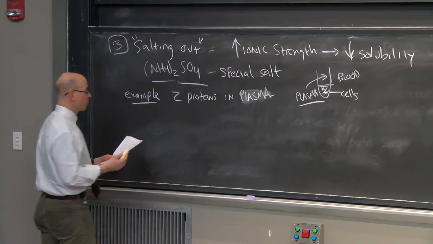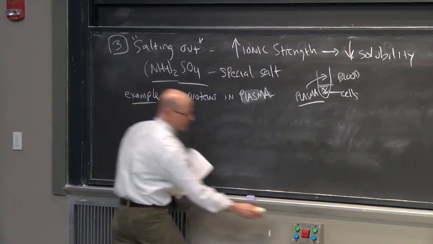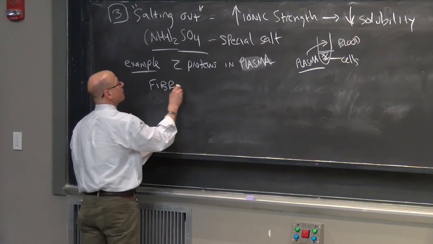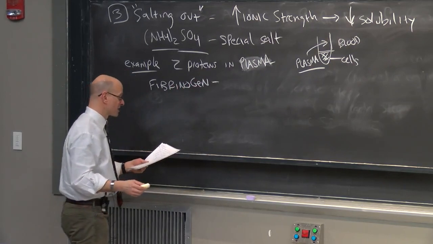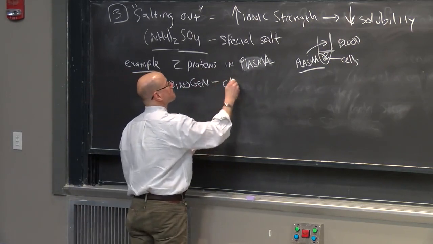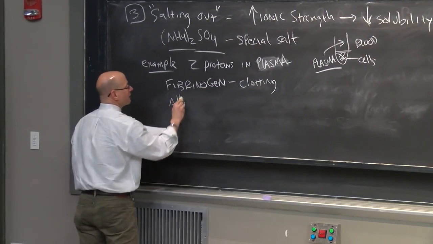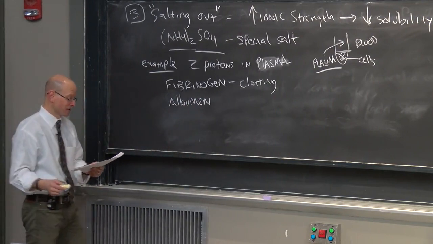Now, there are two proteins that are sitting around in plasma, and I want to purify them. One of those proteins is called fibrinogen. We'll talk about this in a future lecture. This is a protein that's involved in clotting. And the other thing I'm interested in is albumin. This is a protein that does a lot of things in your blood.